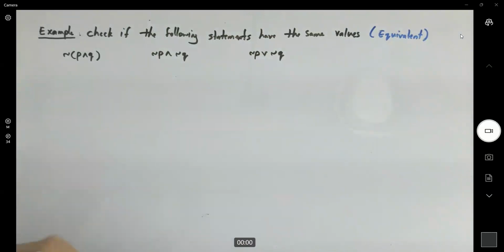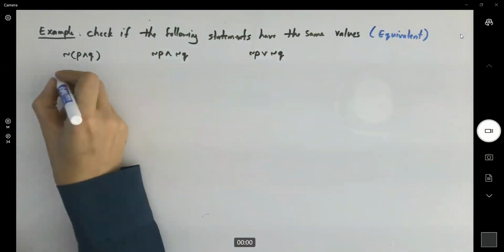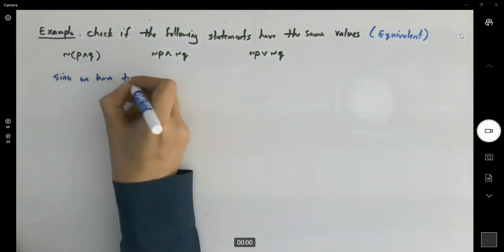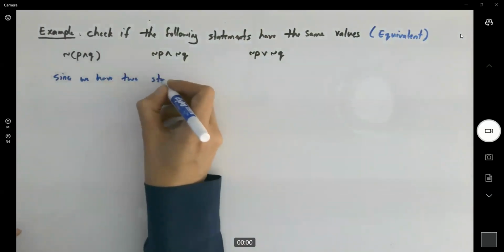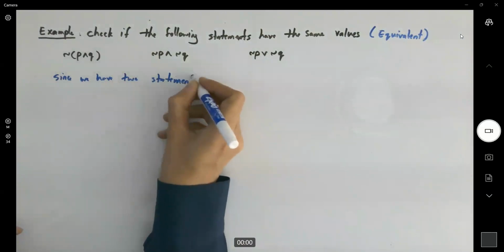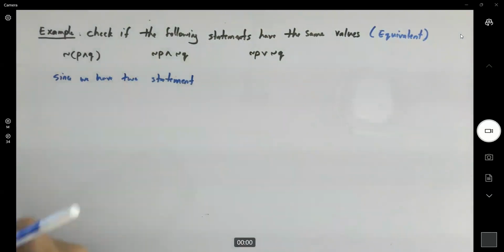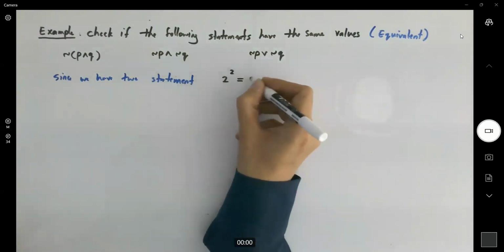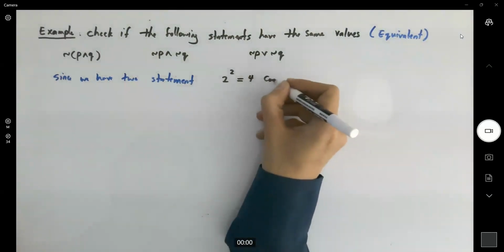So let us start. Since we have two statements, we have 2 to the second power, or 4 combinations.